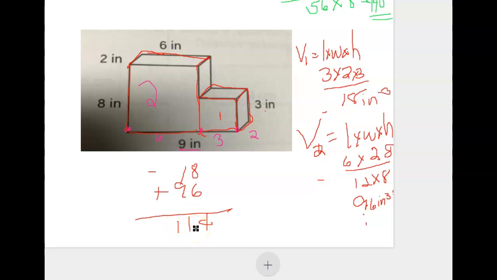So the volume of this prism is 114 cubic inches. This is a problem where some dimensions are missing. Just analyze it. Now, let's move on to the last picture.